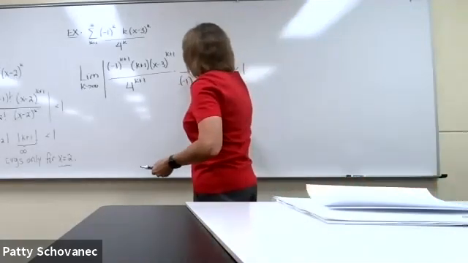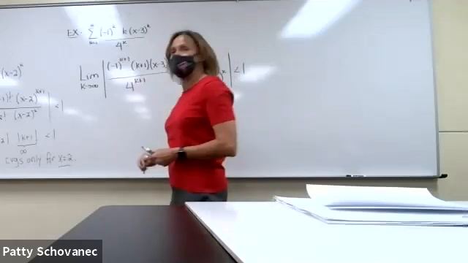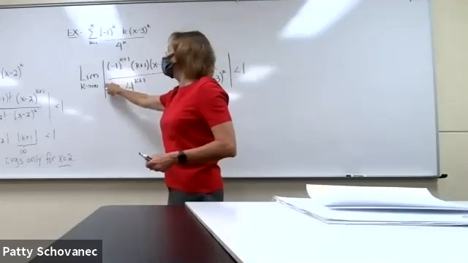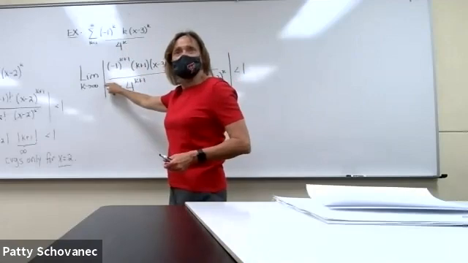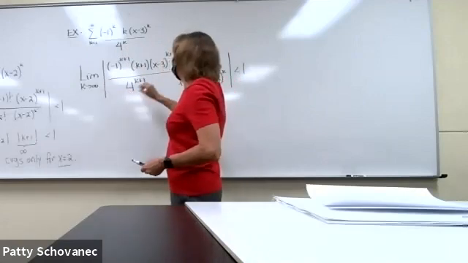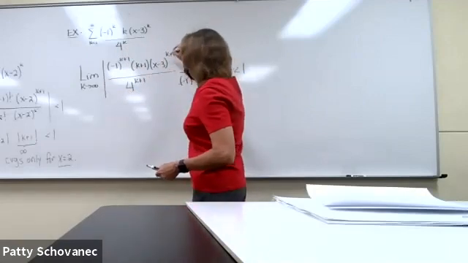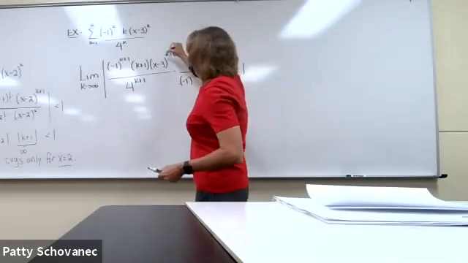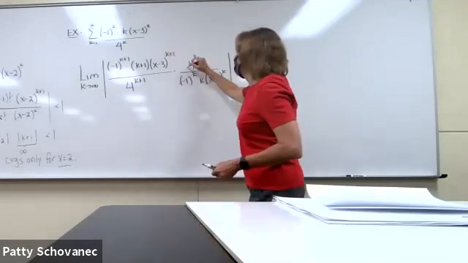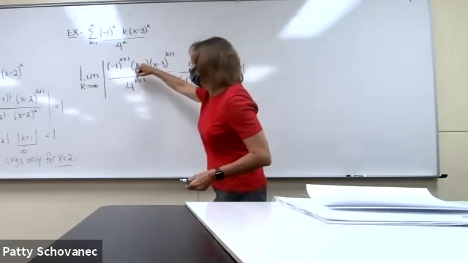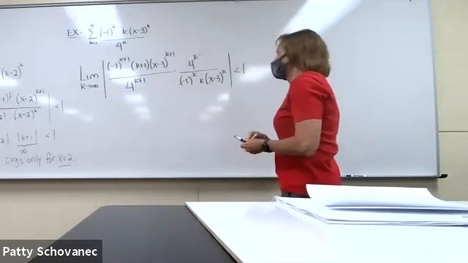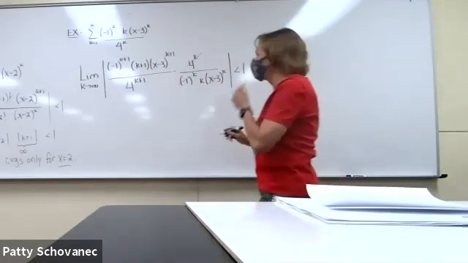-1 to the k cancels all of those. And I got a -1, but it's an absolute value, so let's go ahead and get rid of it. Then these guys knock off all of those. This one knocks off all of those. That's all I got.